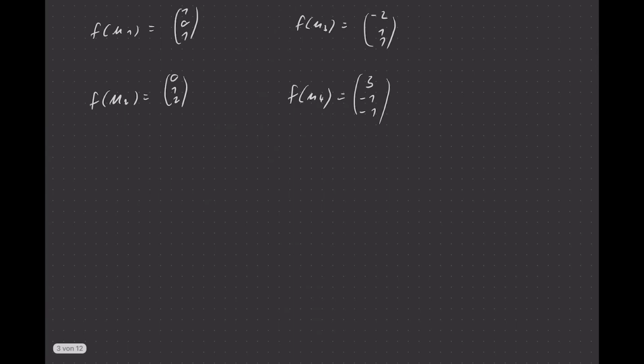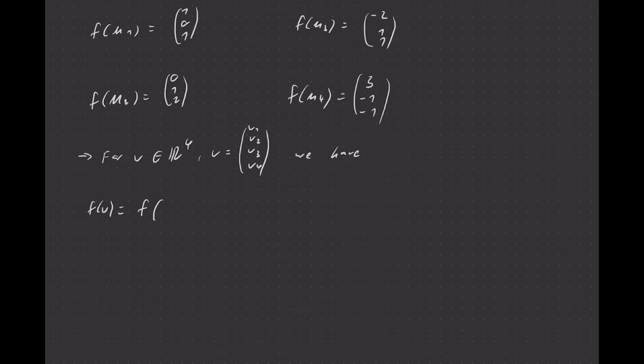Now, if you prescribe this, we can, of course, compute the image for an arbitrary vector in R⁴. So, for v in R⁴, and v has the form (v1, v2, v3, v4), we have f of v equal to, well, of course, this v can easily be represented as a linear combination of the basis vectors.